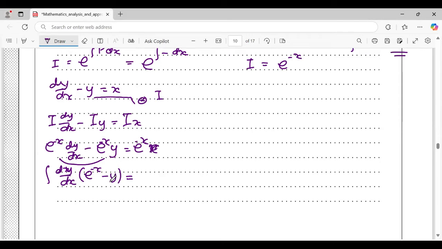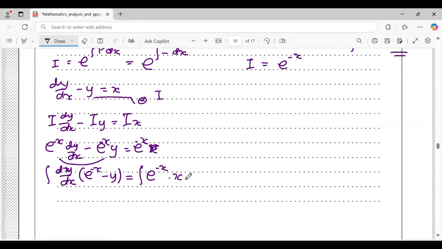Now the integral of this expression: we are going to find the integration of the term e power minus x times x, based on integration by parts.